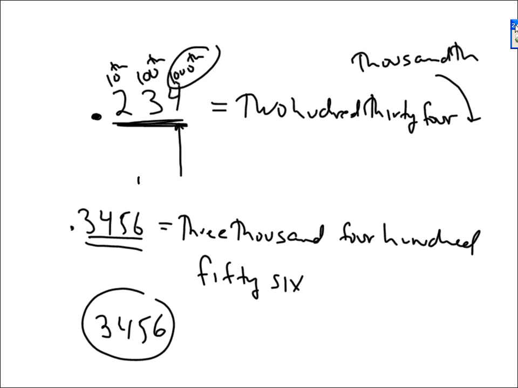So we need to know what that position is. The tenths, the hundredths, the thousandths, that's the 10,000ths. 3,456 10,000ths. That is exactly how you would write that number and read it.